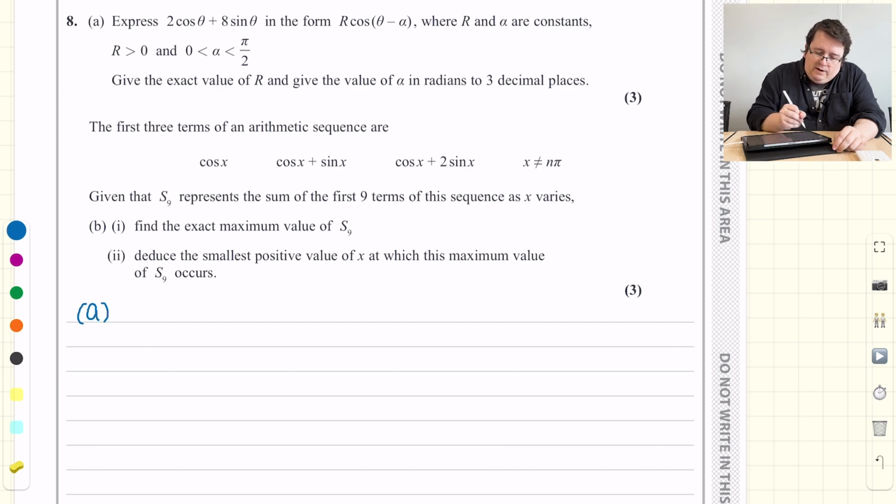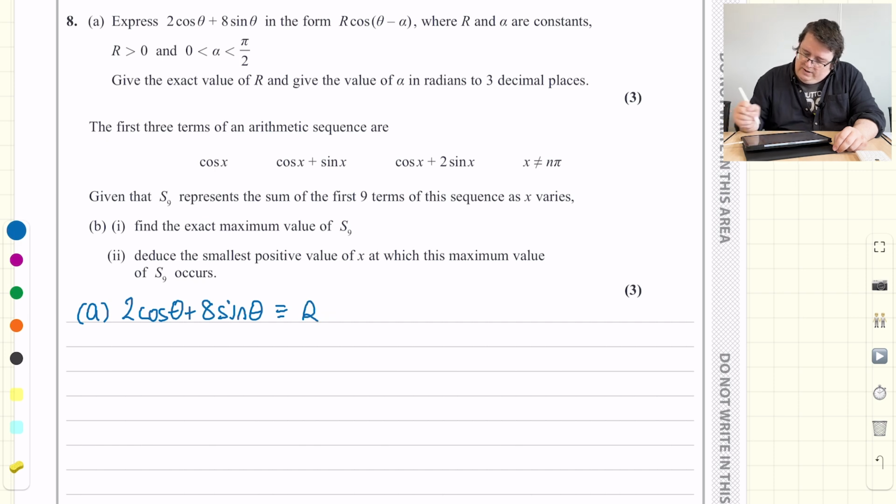Okay, so part A, 2 cosine theta plus 8 sine theta is equivalent to r cosine of theta minus alpha.